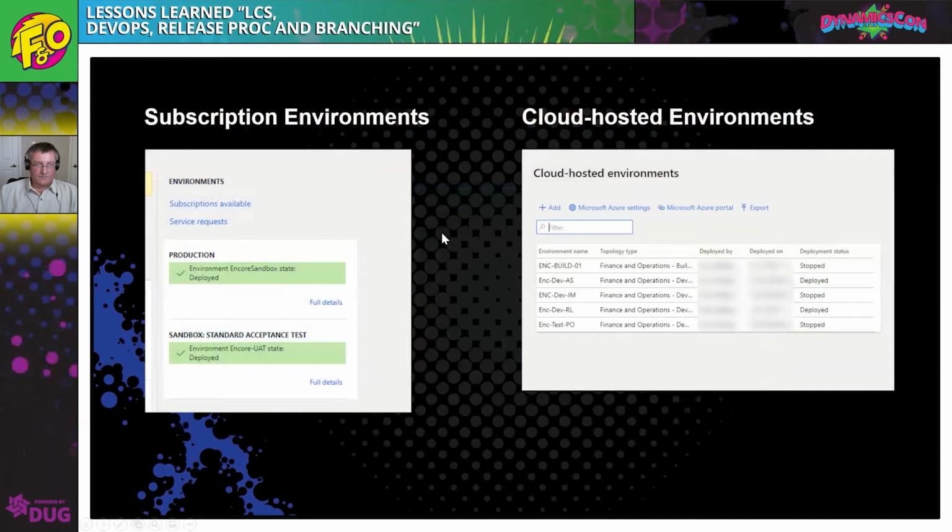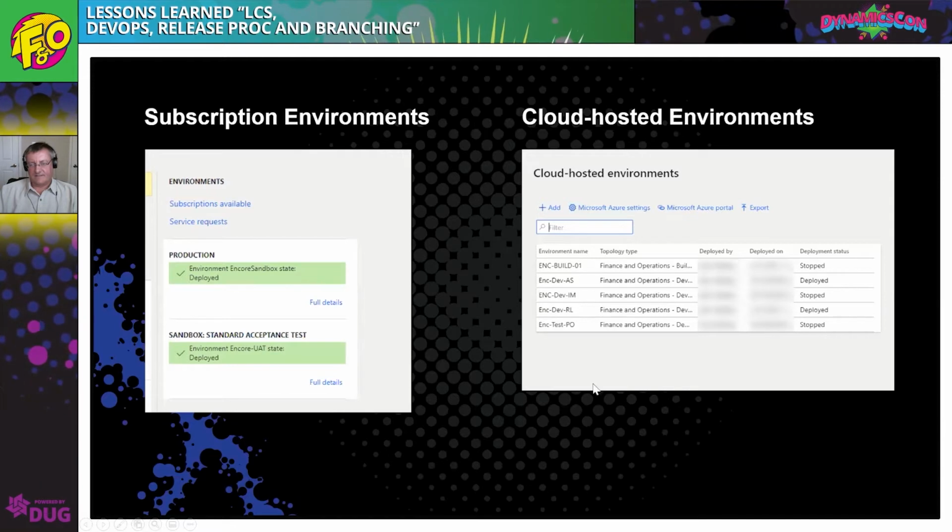We have 2 different environment types in LCS. On the left side, we can see the subscription-based environments. It's a very basic situation here: 1 test environment and 1 actual production environment. That's your subscription. And on the right side, we have the cloud-hosted environments, and I brought it up because it's going to be important during the presentation.